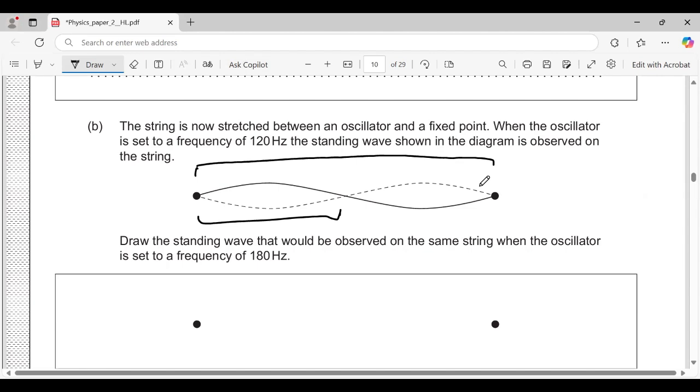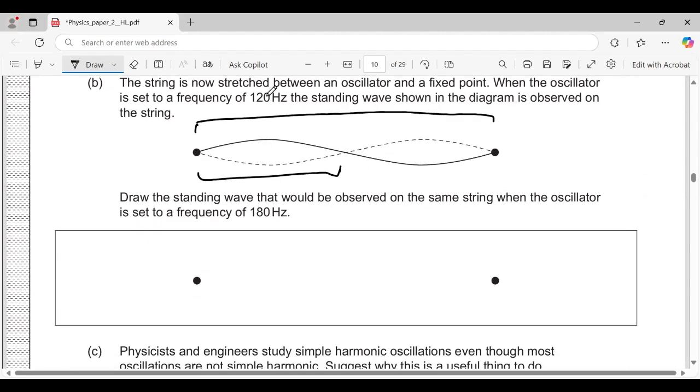Draw the standing wave that will be observed on the same string when the oscillator is set to frequency 180. 180 means 3 times 60, so we need to divide into 3 parts. One part is 60, so it becomes like this.